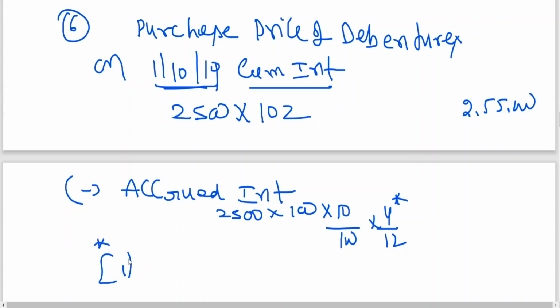How did you get 4 months? 1st July 19 to 1st October 19. So into 10%.